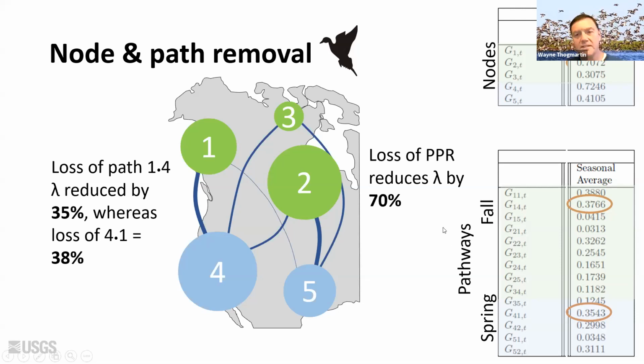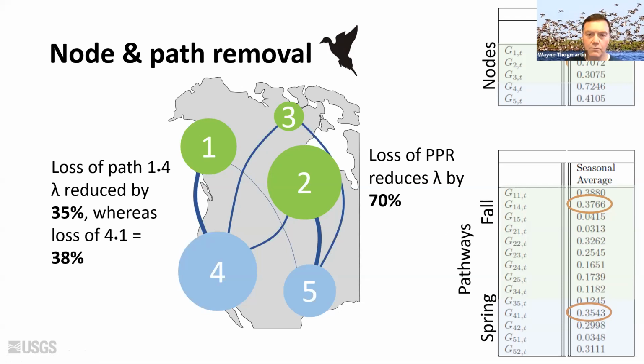But basically what this approach tells us is that if we were to remove the prairie potholes altogether, we would reduce the network growth, the population growth rate, by 70%.